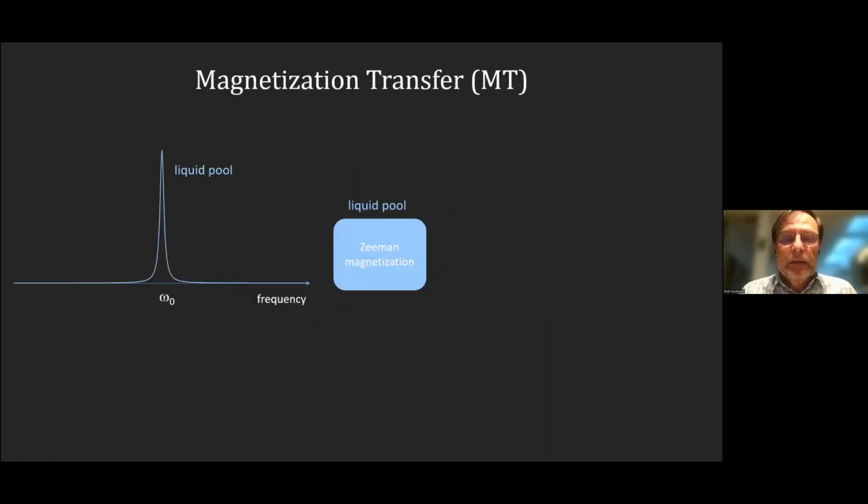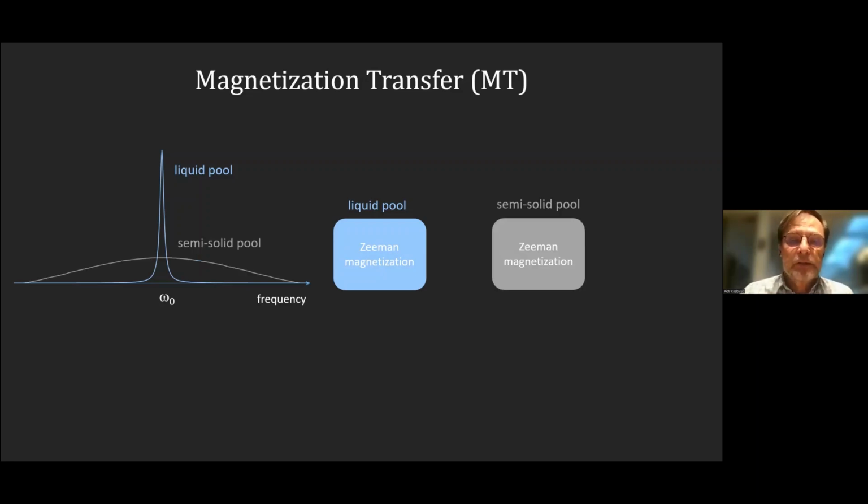Now, another technique that can be used to assess the myelin content is inhomogeneous magnetization transfer. It is a modification of the older technique called magnetization transfer, which probably most of you are familiar with.